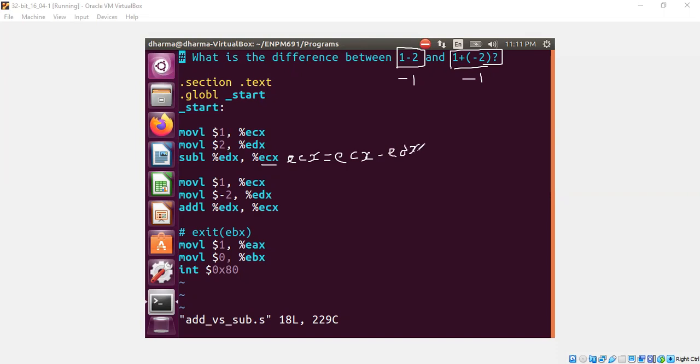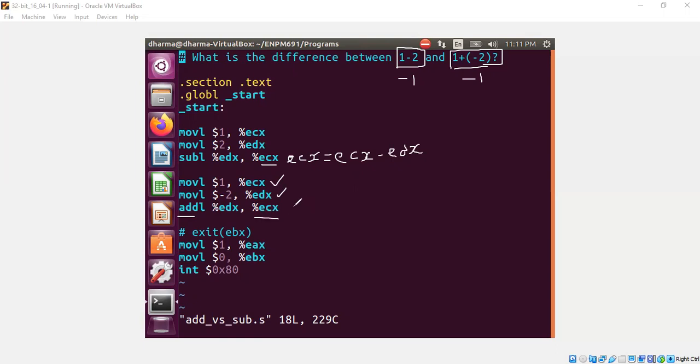The next expression we need to model is 1 plus minus 2. So move 1 to ECX, move minus 2 to EDX, and instead of minus, we are going to use a plus. So it's add. We expect the same with AT&T syntax. This is the destination.